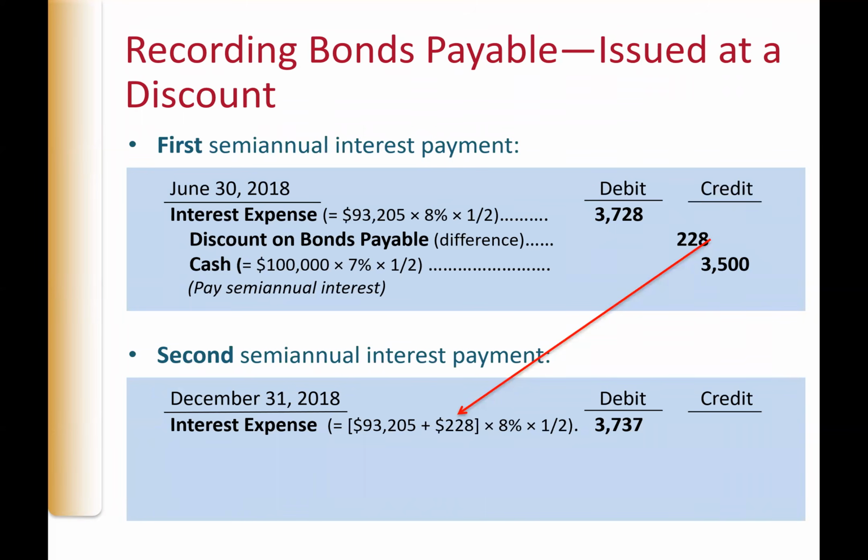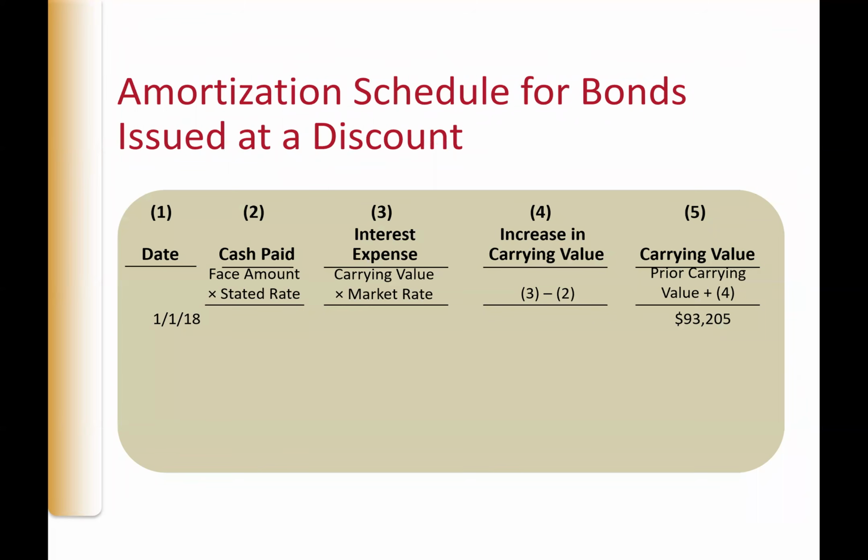It's just like an installment note where a portion goes to interest. You know the payment amount every 6 months. And that difference between the interest and the payment amount will be offset to either the discount on bonds payable or the premium on bonds payable.